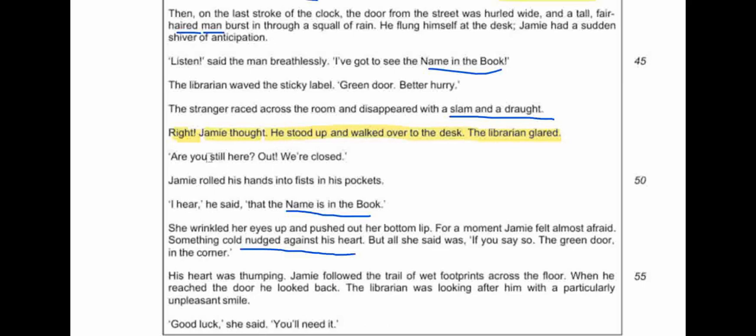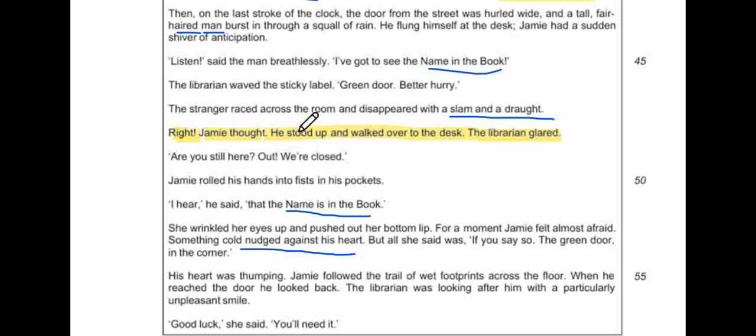What happened before this is the third man came and the stranger raced across the room and disappeared with a slam and a drop. The third man entered the room and through the green door. So this is the reaction after the third man entered the green door.